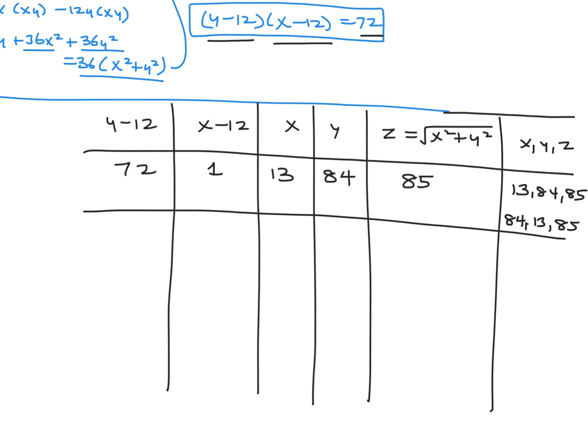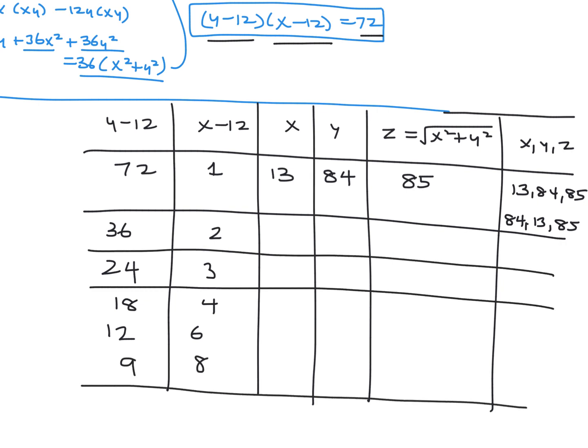And similarly, you'll get other numbers, like if this was 2 and 36, 3 and 24, 4 and 18, 6 and 12, and 8 and 9, I believe.